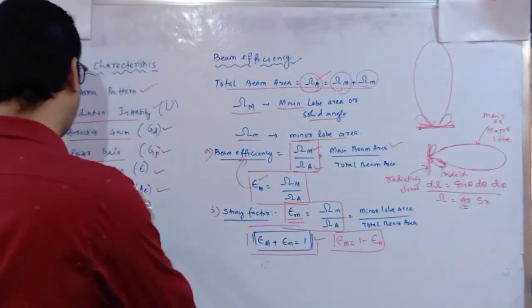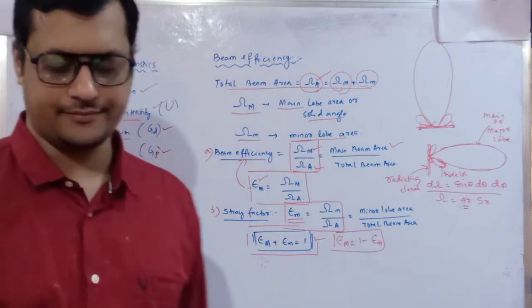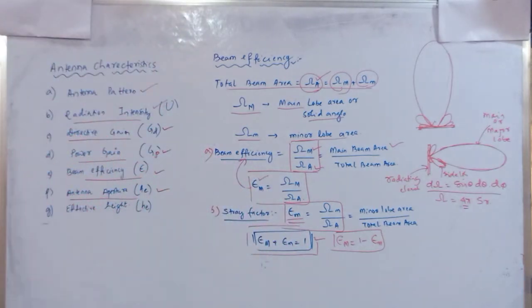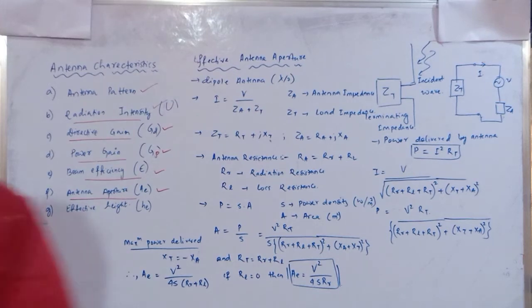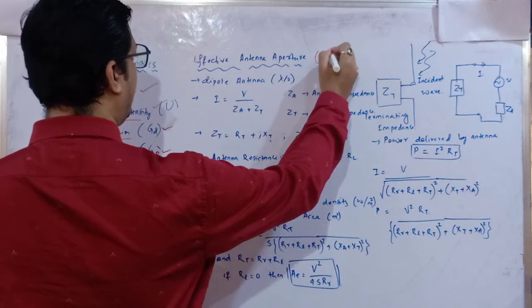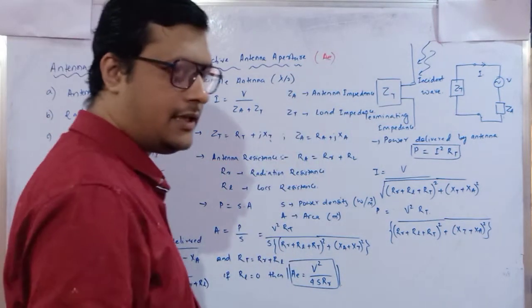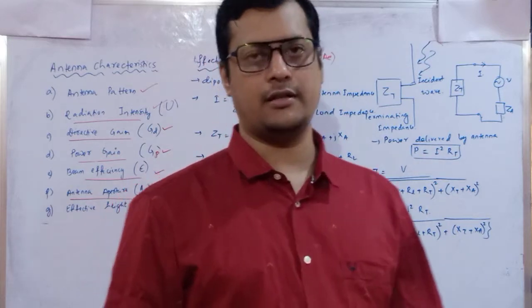Next we will discuss the antenna aperture and effective height. So this is the effective antenna aperture, or you can say it is called area also. So that we are going to discuss.